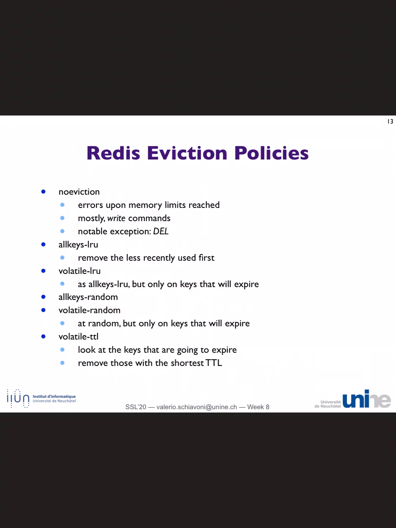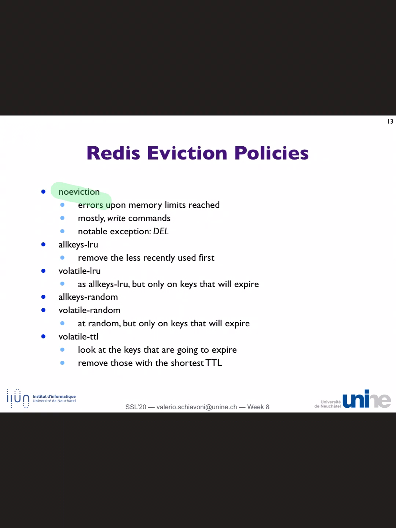So if we go through the list of the supported eviction policies, once again, no eviction is somehow dumb, because of course there would be issues when you reach the memory limit that you have set. Of course, this can be solved by having a super large and increasingly bigger memory, but this doesn't scale, basically.